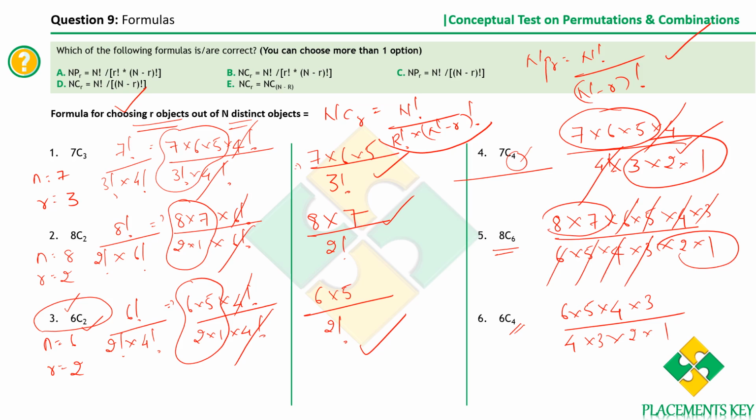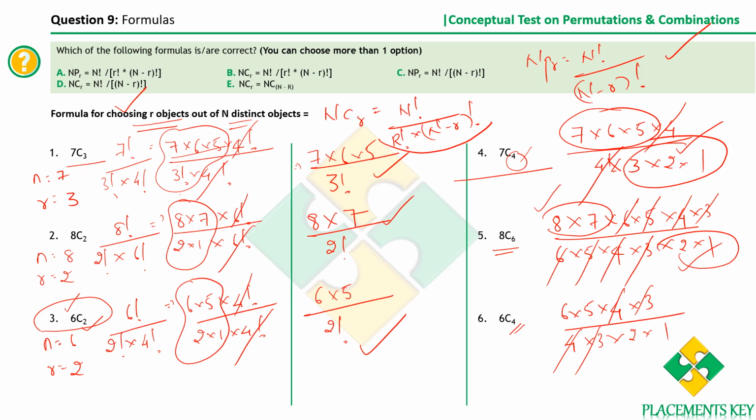Similarly 6 into 5 into 4 into 3. What are the numbers which are the same? 4 3 4 3. So we have 6 into 5 by 2 into 1. If you carefully observe, what was 7C3? It is 7 into 6 into 5 by 3 factorial. What is 7C4? That is also 7 into 6 into 5 by 3 factorial. Similarly 8C2 is 8 into 7 by 2 into 1. Even here after simplification we have 8 into 7 by 2 into 1.